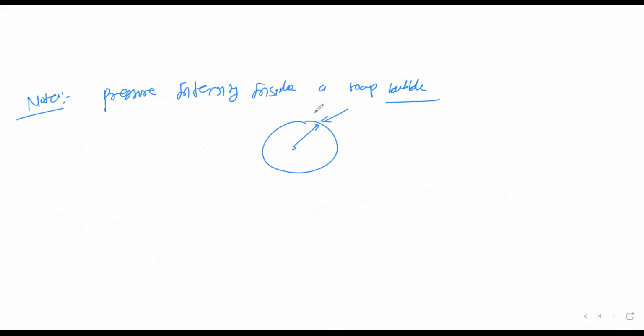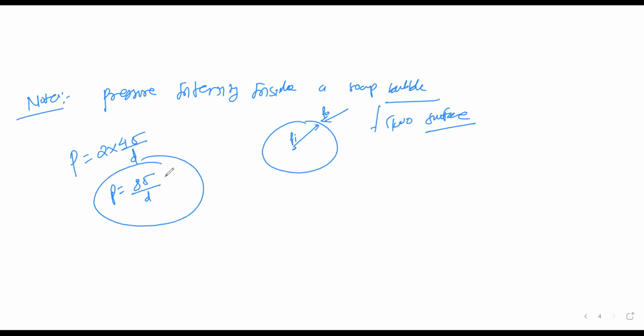The pressure will act on both sides, Pi and P naught. So the total pressure intensity inside a soap bubble will be 2 times the pressure intensity inside a droplet, which is 4 sigma by d. So P will be 8 sigma by d, in Newton per meter square, because of two surfaces.